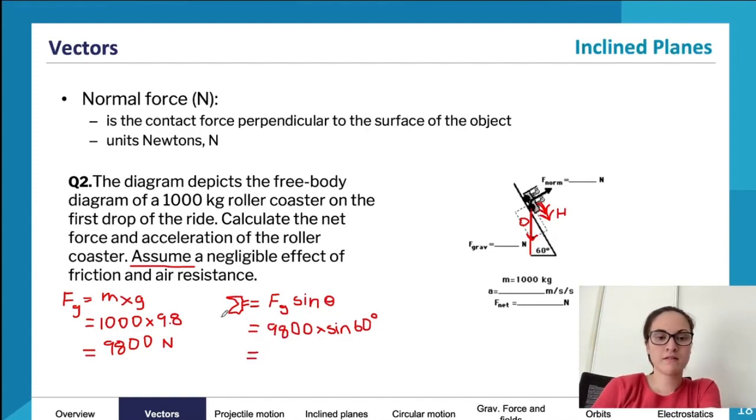By the way, this is the same thing as FNet. I just learned it a couple different ways at school. And then when I go around to external, I was like, wait, which way did QCAA want again? So 9,800 multiplied by sine 60. And that is 8,487.